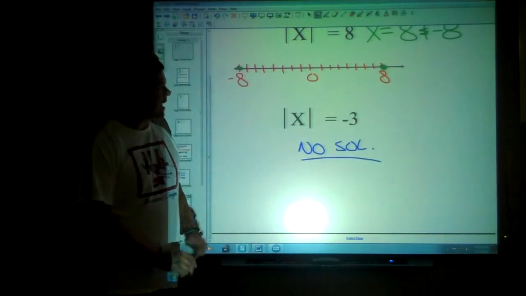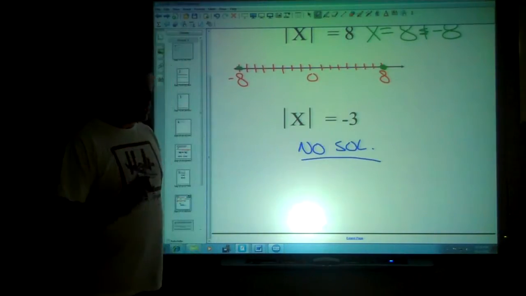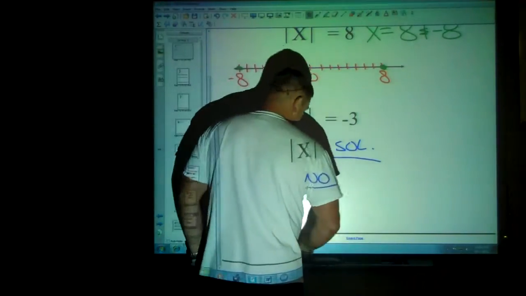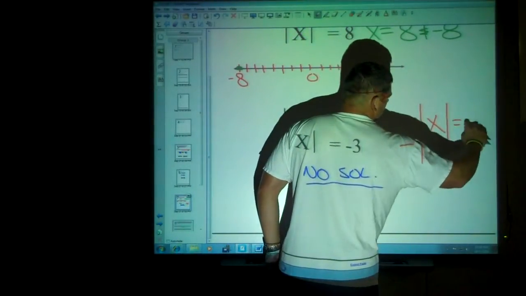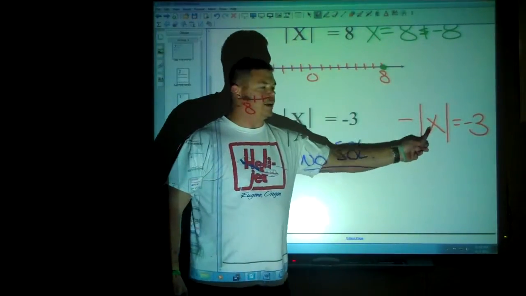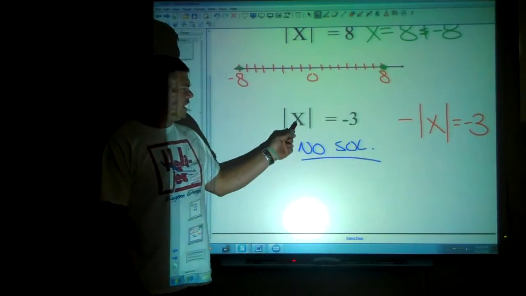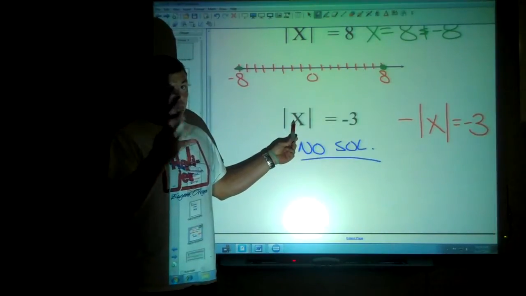The reason? We cannot find the absolute value of something to come out to a negative. There's one exception if you look at the differences here. If you saw this, now that's different because the negative sign is outside. Most people think, well, if I just stick -3 in here, it'll work. But what's the absolute value of -3? 3.